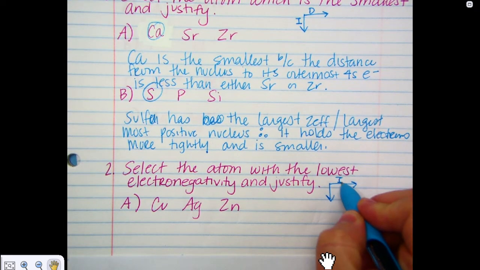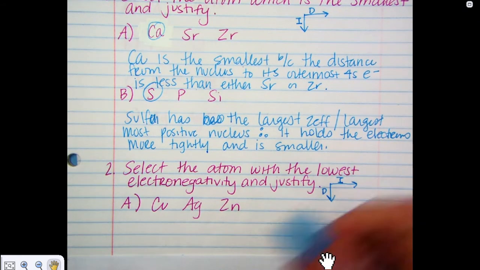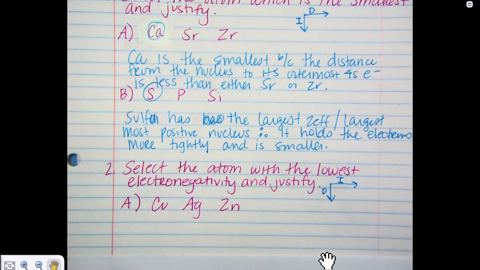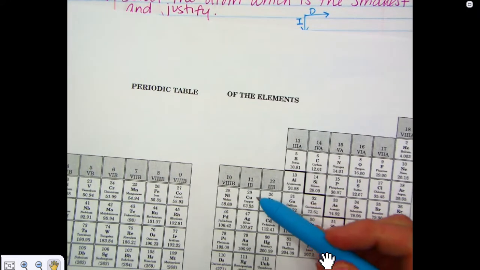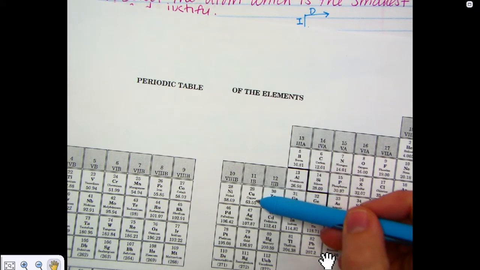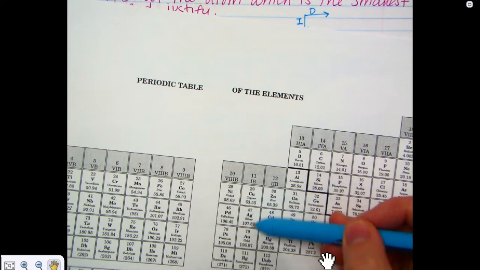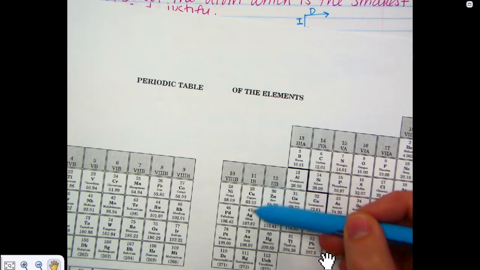As we go across, we increase. As we go down, we decrease. It's the opposite of the size trend because the distance from the nucleus to the outermost electron plays a role in this. So let's compare where these are on the periodic table. We've got copper, silver, and zinc. Which one of them has the lowest electronegativity?